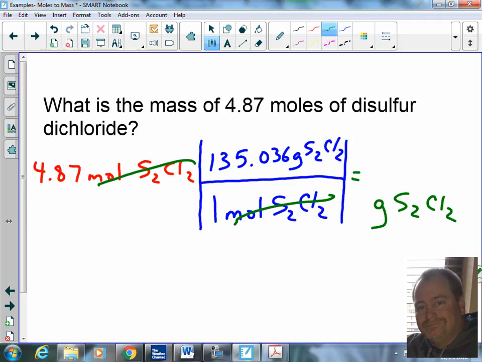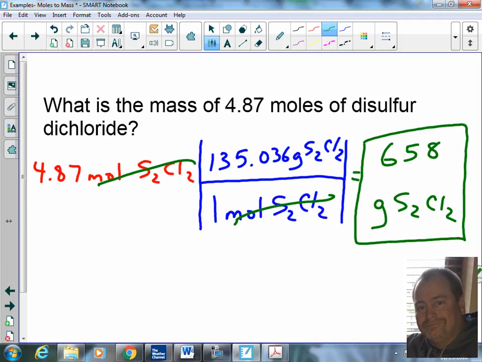So I'm going to have 658 grams. I could. The question is, would I put a decimal point after it or not? I could put a decimal point after the 8. It's not necessary because I'm reading that as 3 significant figures.